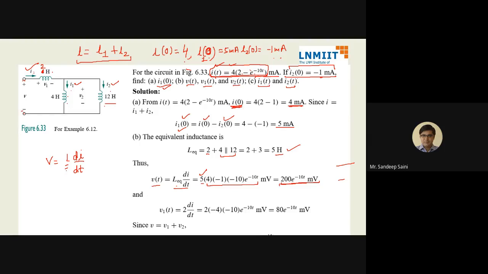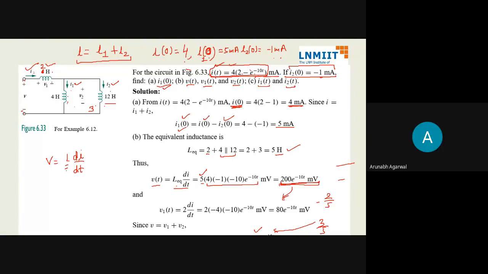Now if I ask how much is V1 and how much is V2, this is 2 ohm, this is 3 ohm, so accordingly they will divide. Can you divide V into V1 and V2? Yes, sir. If V is 200, V1 will be 2 by 5 of 200 and V2 will be 3 by 5 of 200. 2 by 5 of 200 is 80 and 3 by 5 of 200 is 120.